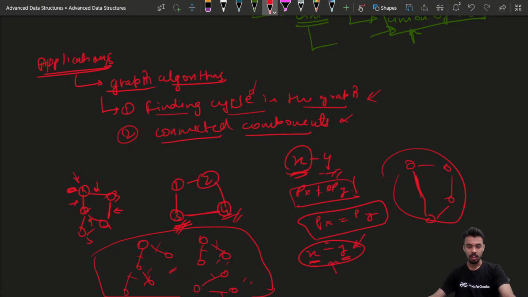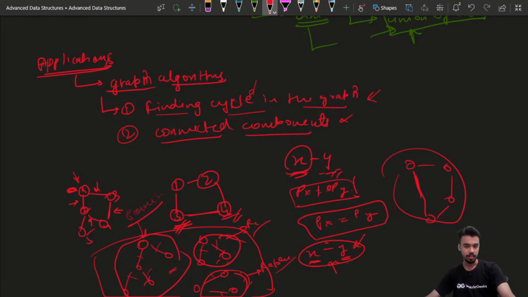After connecting, you know that this group would be represented by some particular parent, and this group would be represented by some particular representative, and this group also by some particular representative. So the number of unique representatives gives you the count of the number of connected components. This is how you can use it to find the number of connected components.